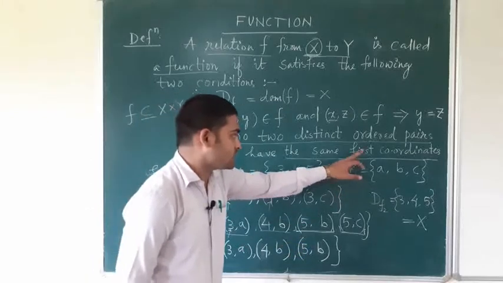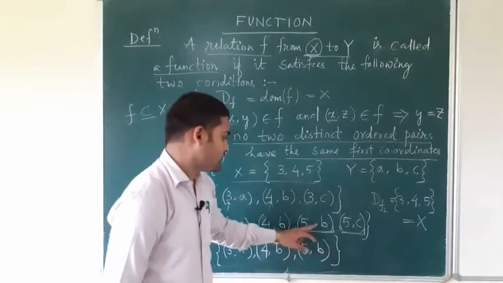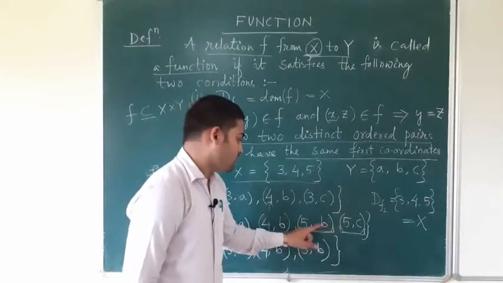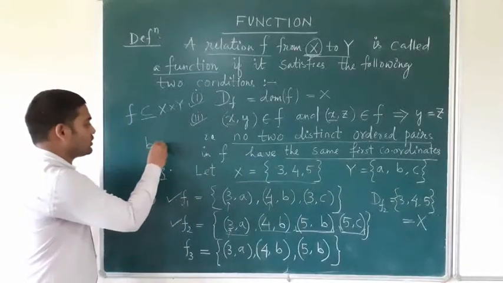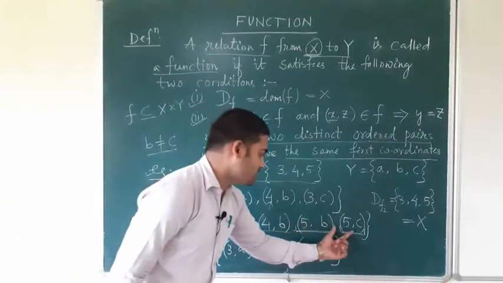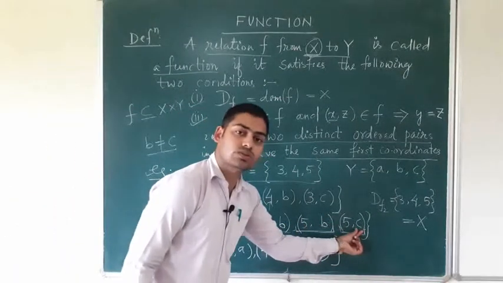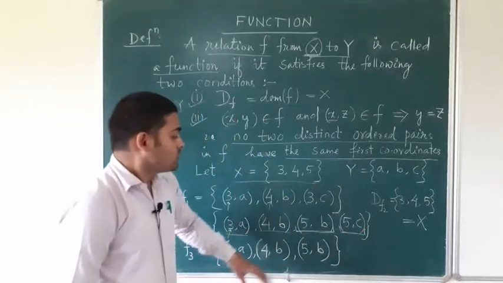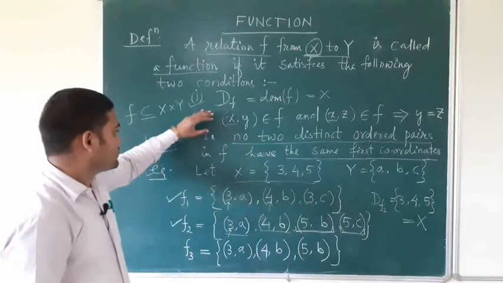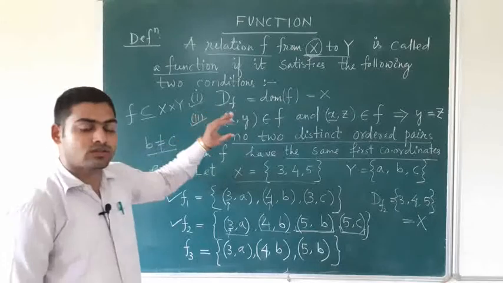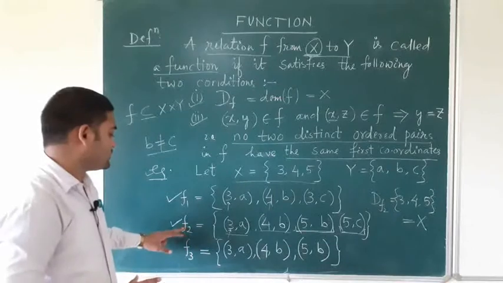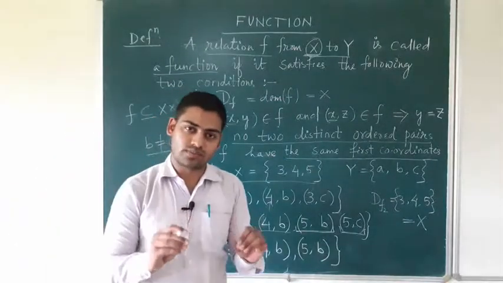Here the first coordinate is the same, 5, 5, but B does not equal C. So, as they are distinct, B does not equal C. So, we have that the second condition is not satisfied for this relation F2.